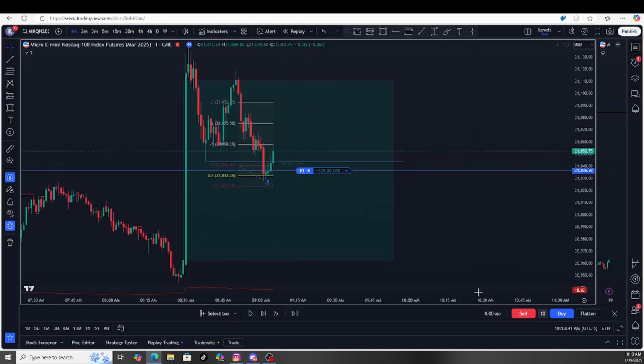So we got 1R, so we can sell, probably just sell 6 right there in case this pulls back. Obviously this is kind of bearish structure, so let's roll the stop to break even, and let's roll.